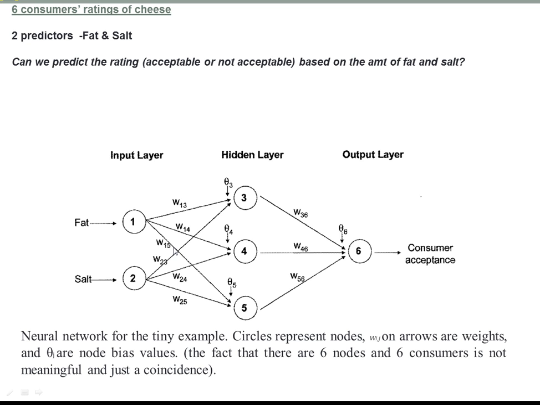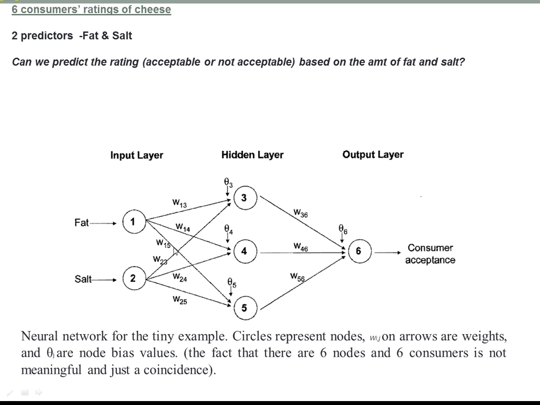Okay, now, reading from the bottom of the screen: neural network for the tiny example. Circles represent nodes, and the W's on the arrows are the weights. Well, we don't know what the weights mean. And the theta sub i are the node biases. We don't know what that is either.